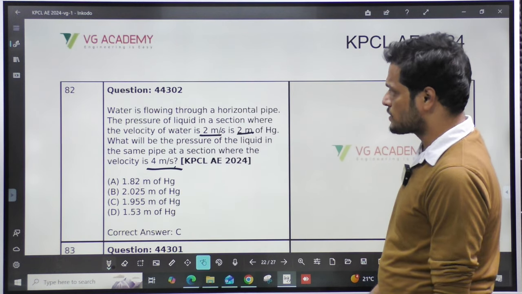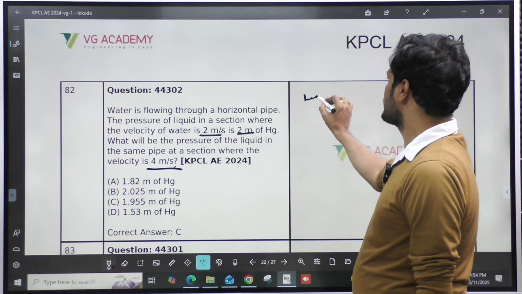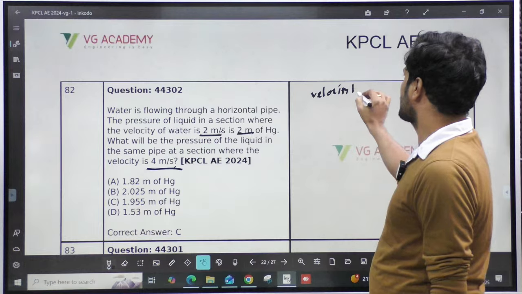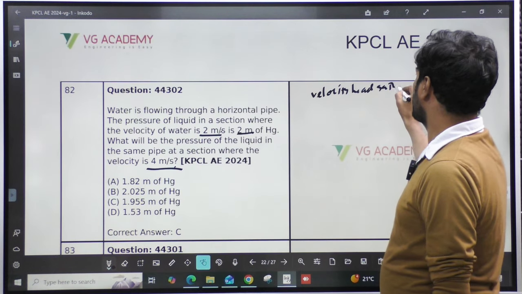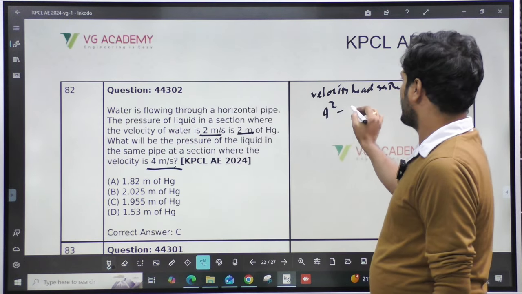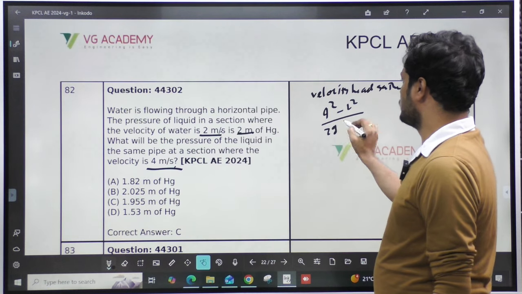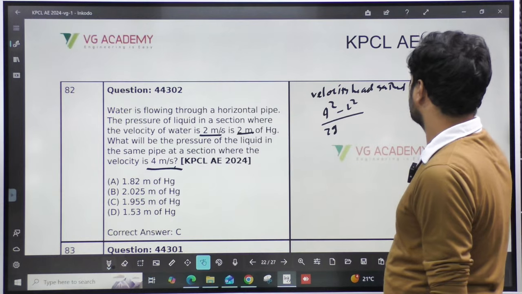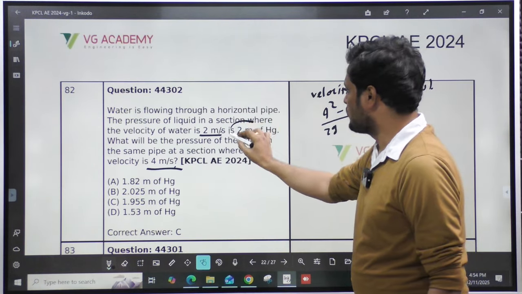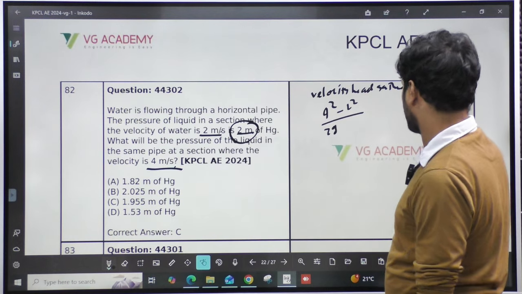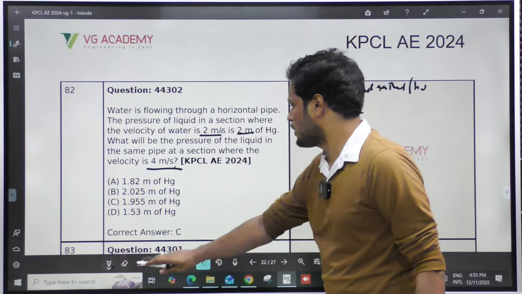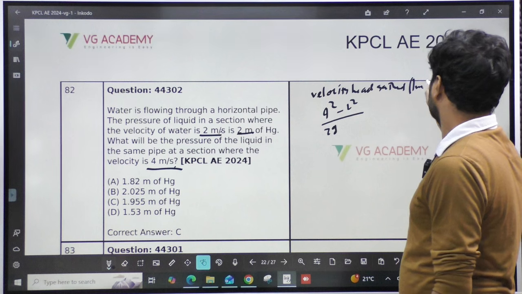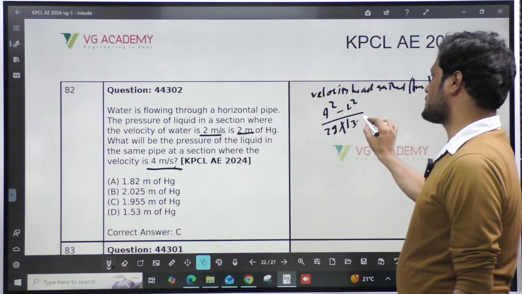So first we will see what is the head gained. Velocity head gained will be v square minus v square divided by 2g. So this head we will get in terms of water, but they have mentioned with respect to mercury. Okay. So Hm I will write and divide with 13.6.